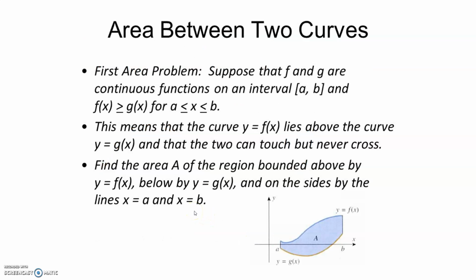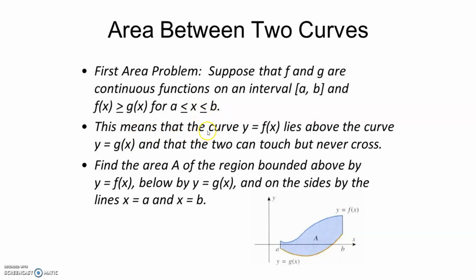Now, we have to discuss the area between two curves. The previous examples totally depended on the area under the curve or the enclosed area. So now the first area problem: suppose that f and g are continuous functions on the interval a comma b and f of x is greater than g of x for a less than or equal to x less than or equal to b.